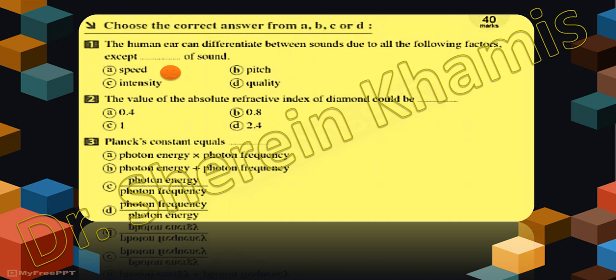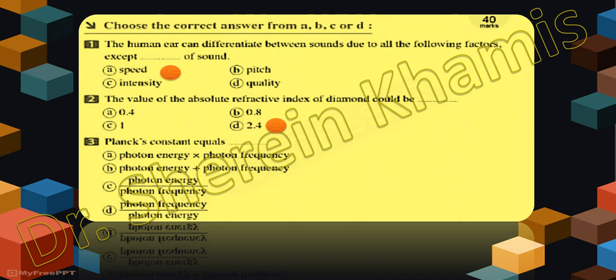So the absolute refractive index of diamond will be higher, could be equal to 2.4. Any number greater than that will be the right answer here. Okay, let's go into question 3.